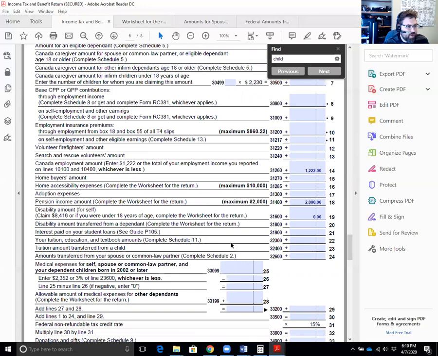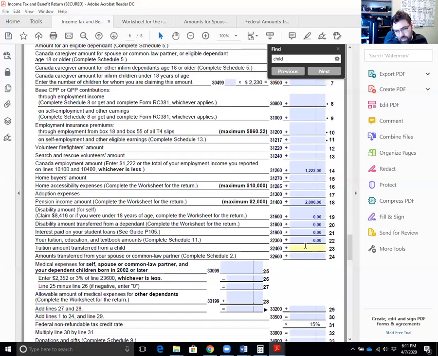Okay, tuition, education, and textbook amounts. Oh, sorry, first interest paid on student loans. Nope, don't have that. Tuition, education, textbook amounts, not in this question. Wasn't the last question we did. Tuition amount transferred from a child.